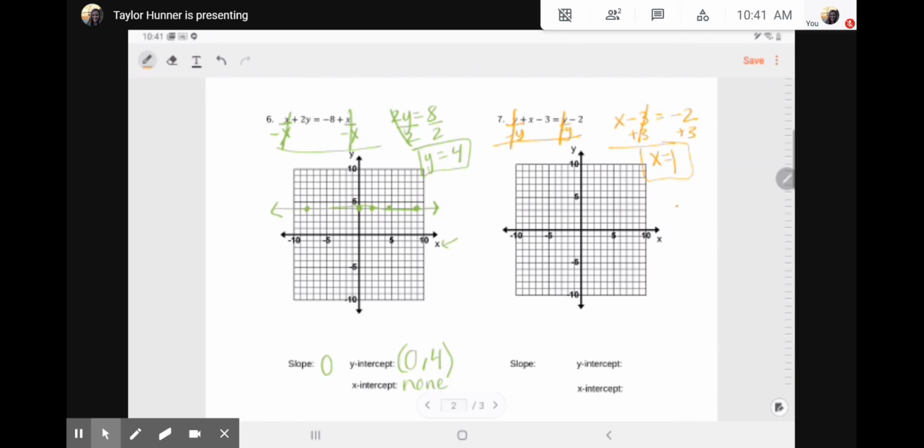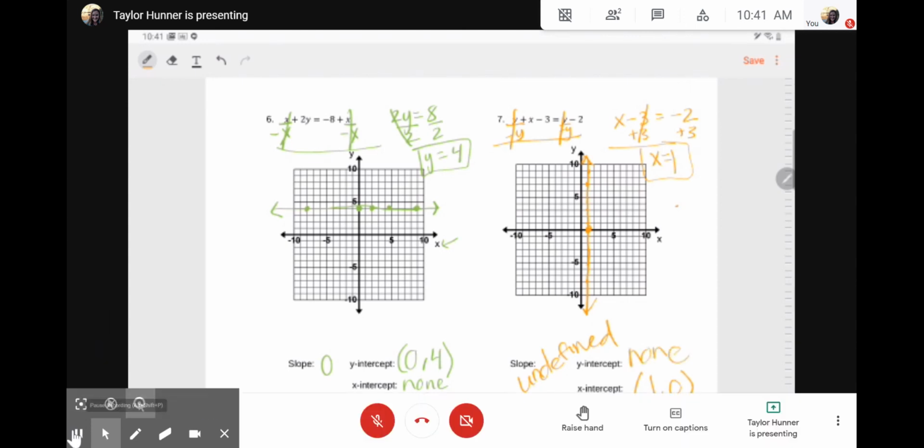So where x equals 1 is right here, and that would be my x-intercept of (1, 0). x could also equal 1 anywhere along this line. So I'm going to have a straight vertical line, and my slope is going to be undefined. My y-intercept is going to be none because I'm never going to touch the y-axis.